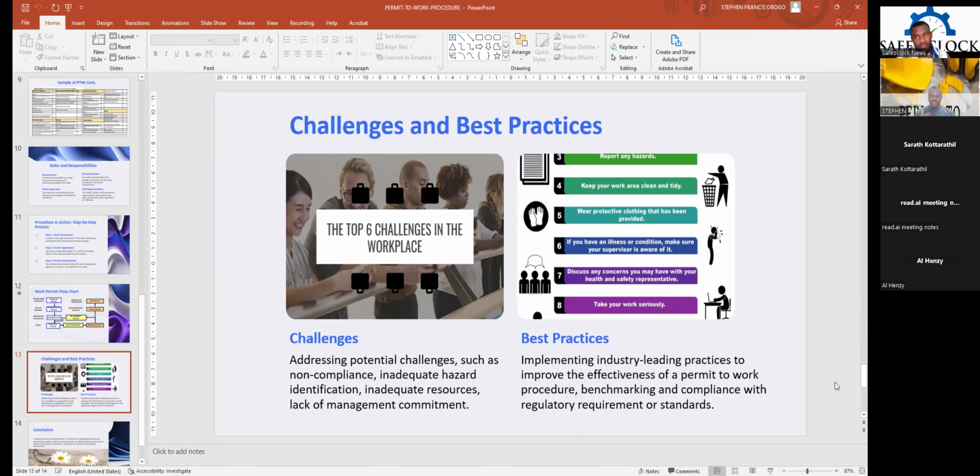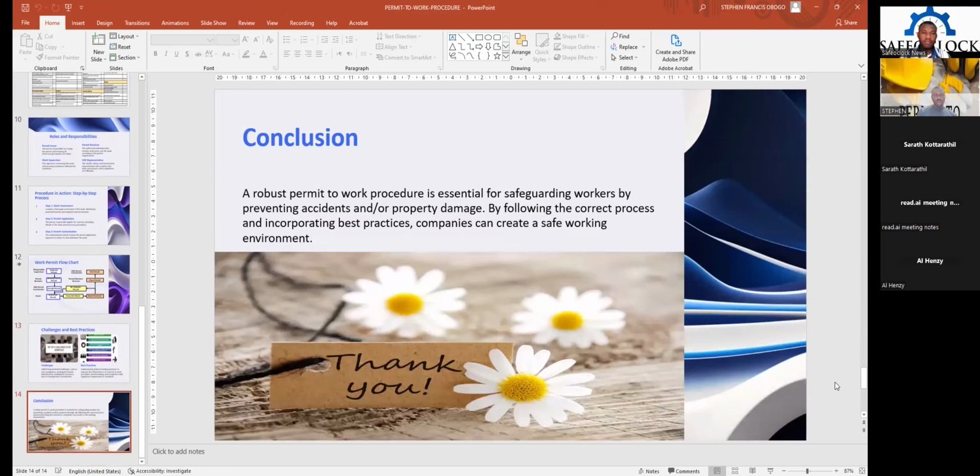And also, the workers need to take the work seriously. No foul play, none of those things done on site that predispose them to risk in regards to their work activity. Then lastly, I would just want to conclude by saying a robust permit to work procedure is essential for safeguarding workers by preventing accidents and or property damage.